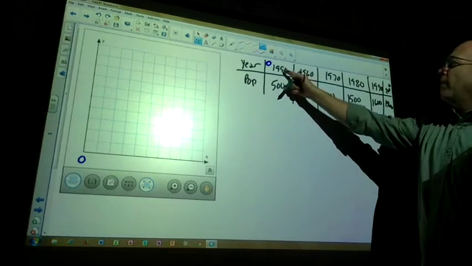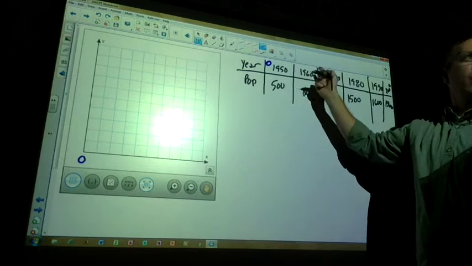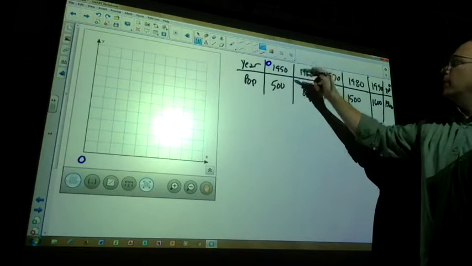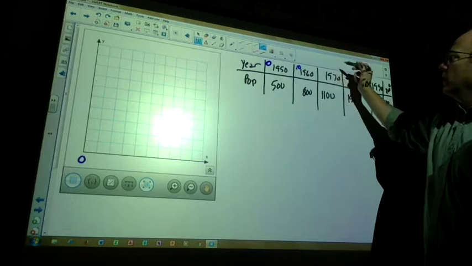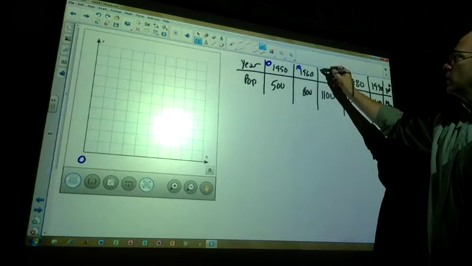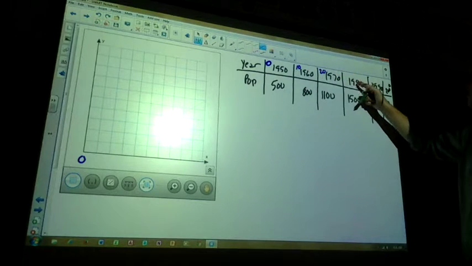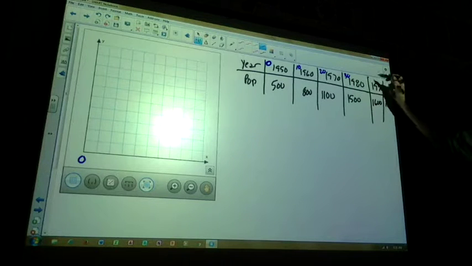How far is this from here and here normally? 10 years. So let's make this at 10 years, and then make this at 20. Then make this at 50. If I were to say at 20, well, that represents the year 1970.